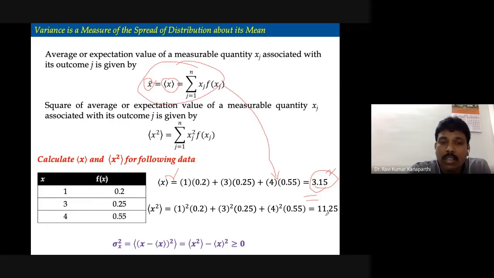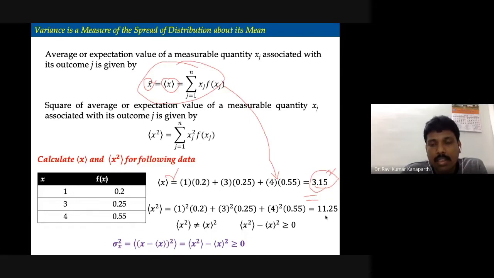This is true for any experimental measurement of the observables. Therefore, we can say that the expectation value of the square is not equal to the square of the expectation value of x. Both are slightly different, and further we can say that the expectation value of x square minus the square of the expectation value is always greater than or equal to 0.